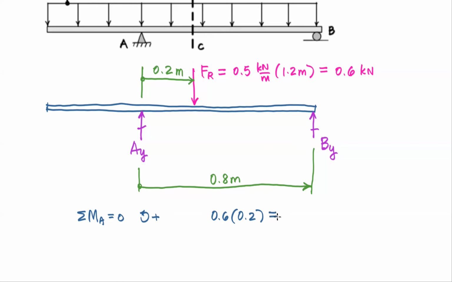I'm just going to collect like rotations on both sides of the equal sign. So 0.6 times 0.2 has to be equal to B sub y times 0.8. And so we can quickly get B sub y is equal to 0.5 kilonewtons. And the positive sign confirms that it's upward. Okay, so we can do that with a moment summation.